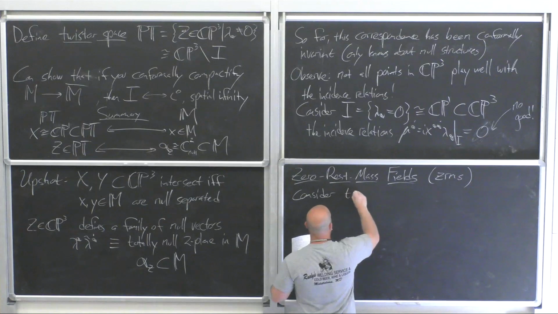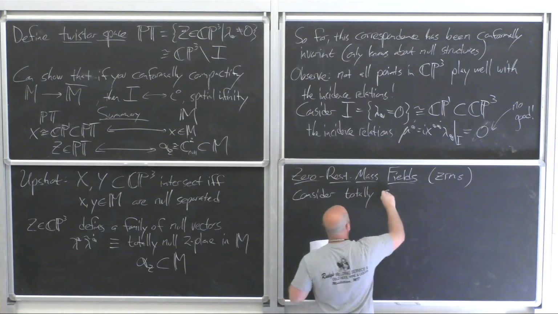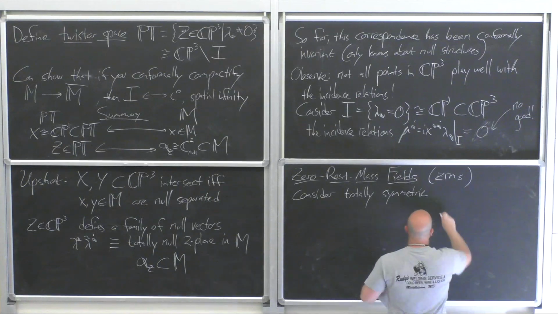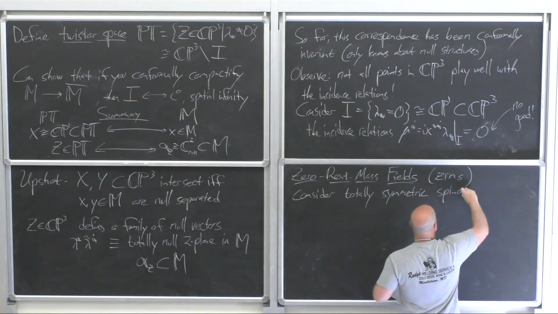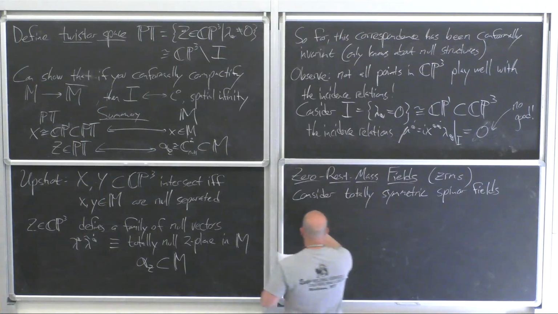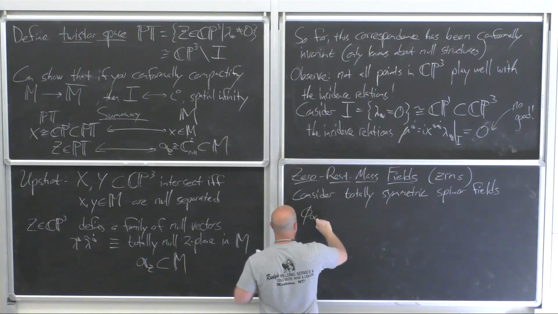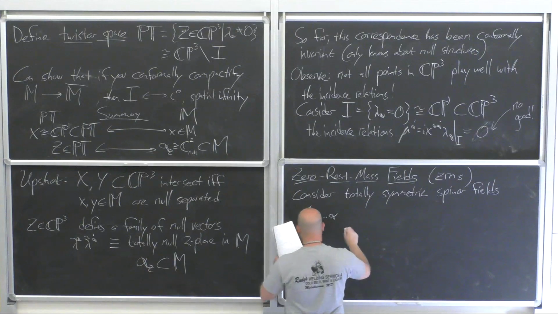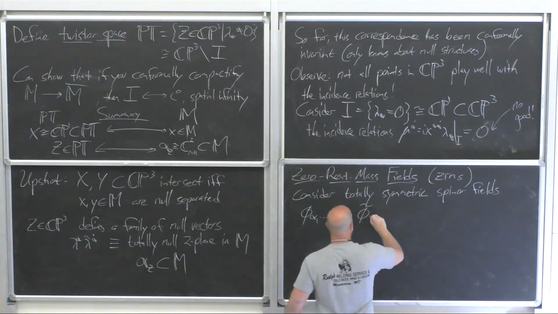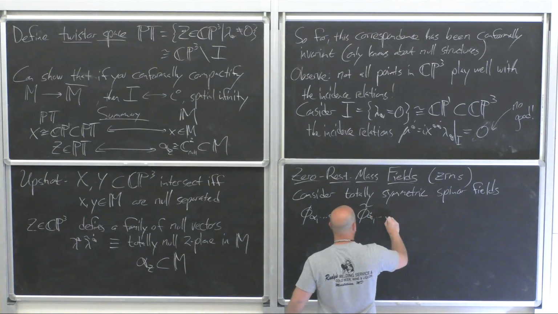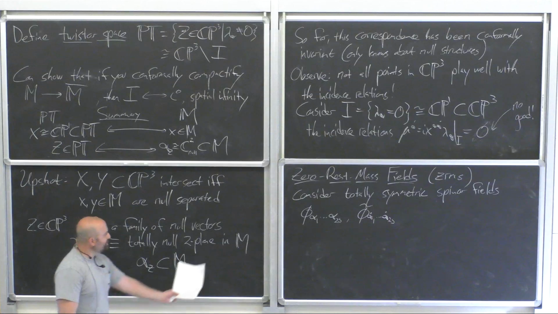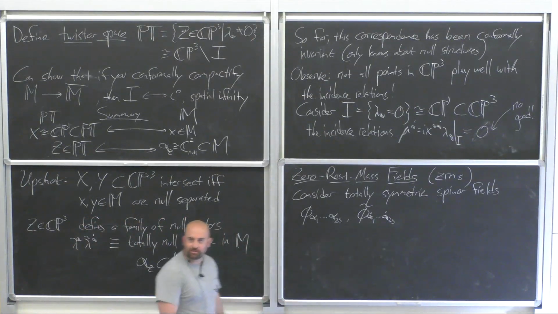So we're going to consider totally symmetric spinor fields which either have all undotted or all dotted spinors. And by totally symmetric, I mean they're totally symmetric in these spinor indices.